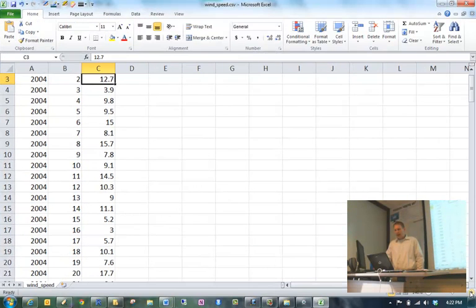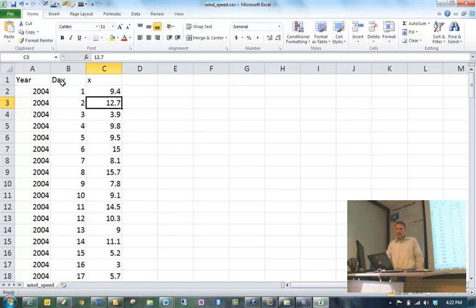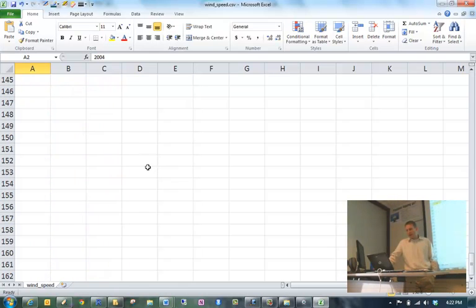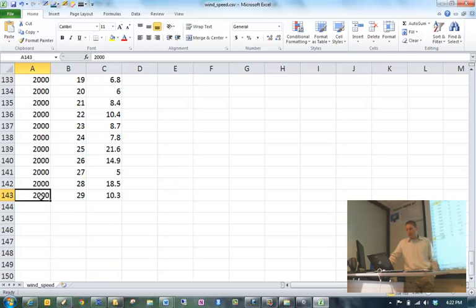I don't know how they actually calculate average daily wind speeds. Maybe every hour they find what the wind speed is and take an average of it. I couldn't find exactly how they calculated that. But for example, on February 1 of 2004, the average daily wind speed was 9.4. On February 2 it was 12.7, and so on. And so you can see that we have a sample size of 142. Okay.